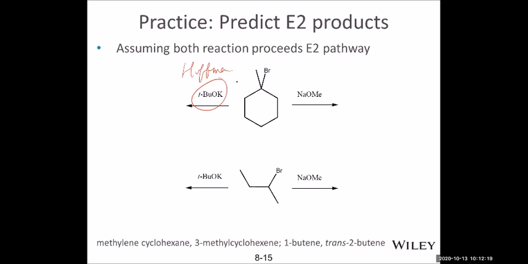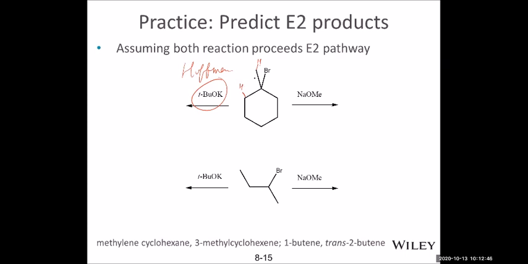elimination product. The leaving group is a bromide. For hydrogen, we have multiple locations. There are 3 hydrogens here, and 2 hydrogens, which are the same as this. See, these two are exactly equivalent. So elimination takes place when we lose hydrogen either here or here, because losing hydrogen here is the same as losing hydrogen here.